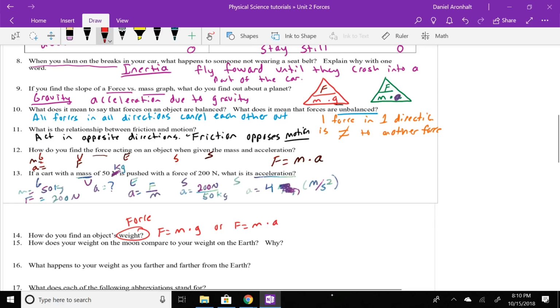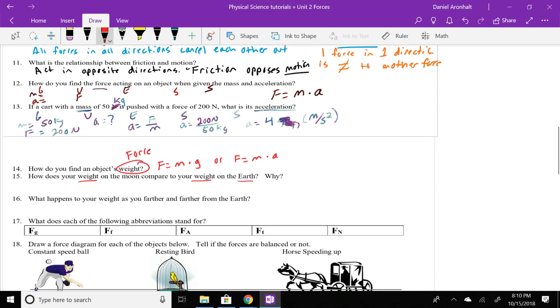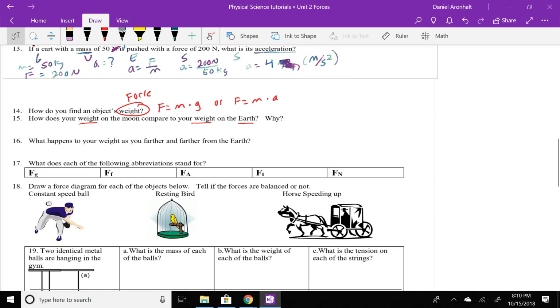Now, how does your weight on the moon compare to the weight on Earth, and why? I have warned my class over and over, and it's been on all 3 quizzes. The weight and mass question has been on all 3 quizzes, and we began the unit with this question in our questions of the day.